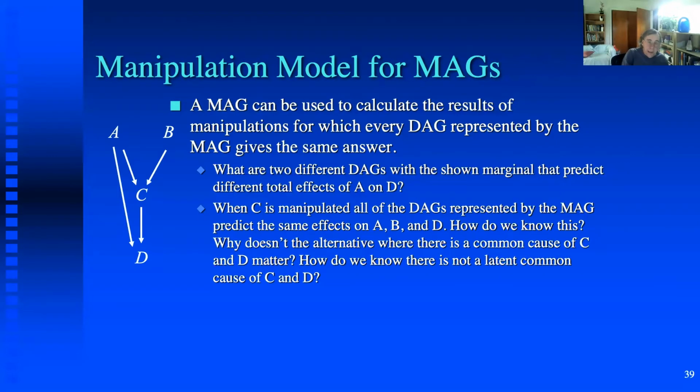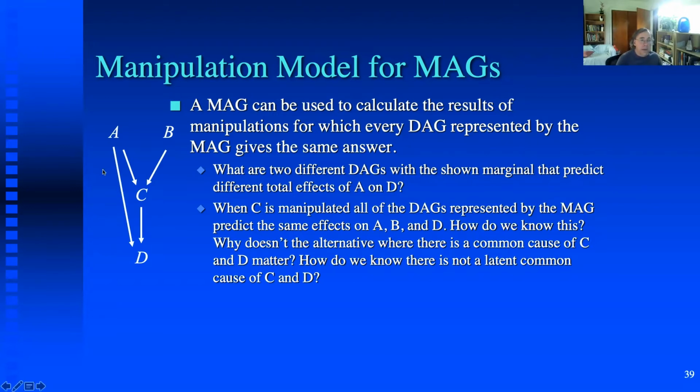And in other cases, it won't. So that we only have a partial manipulation model. We have that sometimes if you give me the MAG, I can tell you what's going to happen when you do a manipulation. And in other cases, when you give me the MAG, I won't be able to tell you what happens when I do the manipulation.